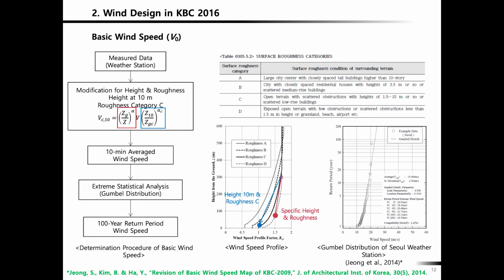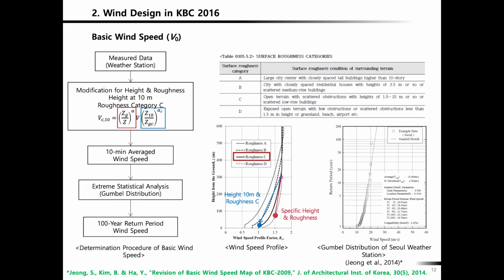And then you apply that wind speed to roughness category C. Okay, roughness category C. You try to modify that so that, using the solid line, you know the distribution, and you try to find the value at the 10-meter height.